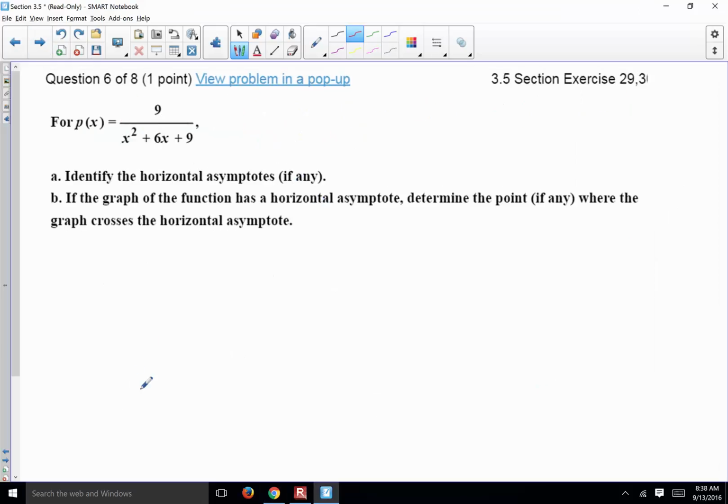Alright. I believe we're gonna do something on this one. You do this one and tell me the horizontal asymptote, if it exists. Any results?